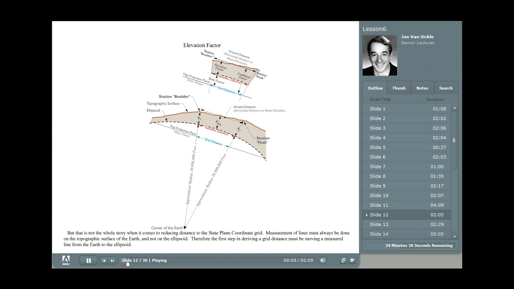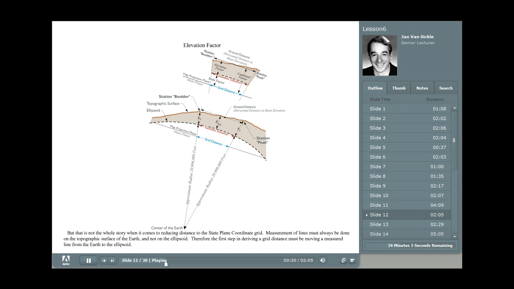Now, as I mentioned on the previous slide, the scale factor moves us from the ellipsoid down to the projection plane of the state plane. However, of course, we don't make measurements on the ellipsoid, as we discussed last time. Measurements are made on the surface of the Earth.